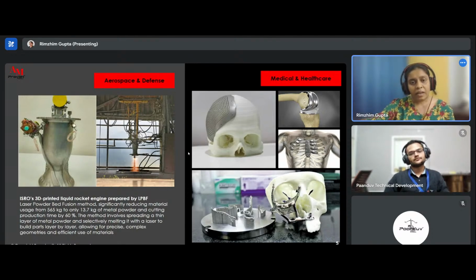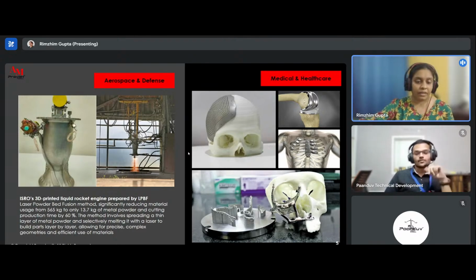Now, if I want to fit AM Pravah in this scenario, we aim to reduce the production time further, and reduce the overall cost associated with these experimentations and the resources even further. Apart from this, in the medical and healthcare scenario, there are implants such as brain implants, facial implants, knee implants, or rib cage.